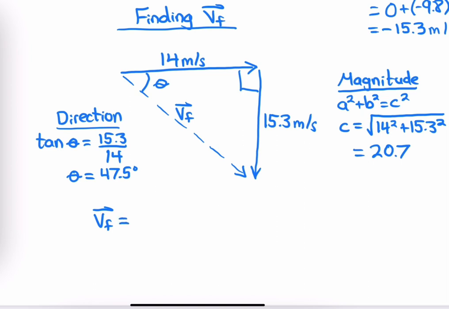Its magnitude is 20.7 meters per second. And its direction is 47.5 degrees. That's this angle here. And that shows my vector as being below this horizontal line by 47.5 degrees.